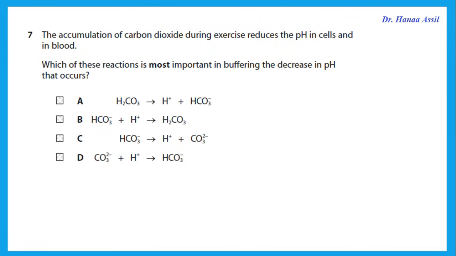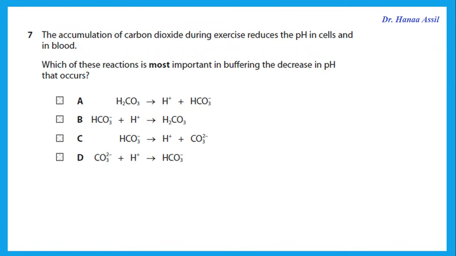The accumulation of carbon dioxide during exercise reduces the pH in cells and in blood. Which of these reactions is most important in buffering the decrease in pH that occurs? So we're asking which of these happens in the cells in order to buffer any decrease in pH.